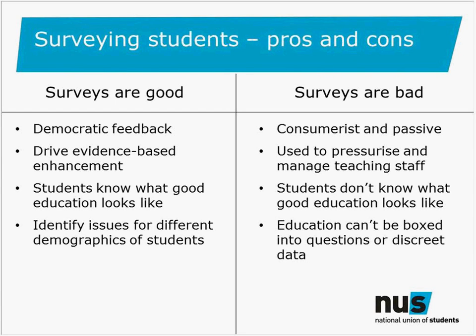But yeah, so there are broadly two schools of thought on surveys. They're not without problems. And one argument against surveys, that has been recently found, particularly in analysis of module evaluation surveys, is that students respond with their own prejudices and biases.